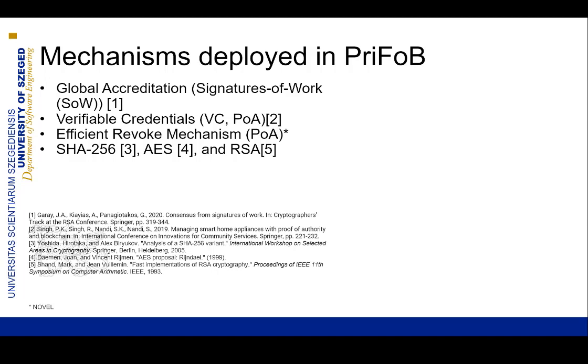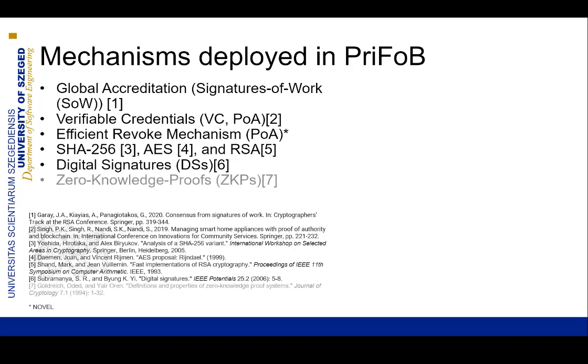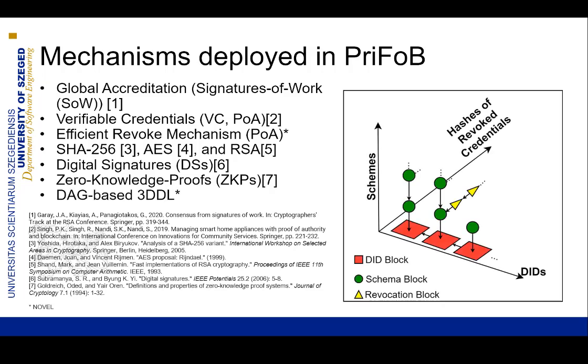Because again, the project is open source, so you can modify whatever you want, and those are actually implemented over libraries, so you can just use the library that suits your application. We also use digital signatures as standardized, and we use zero-knowledge proofs, also standardized. And finally, we proposed the DAG-based 3DDL, as we said.